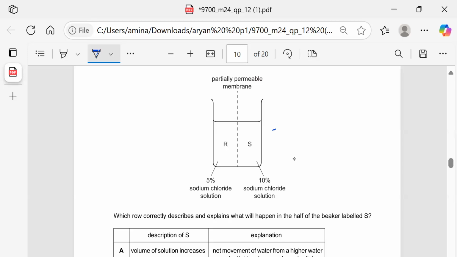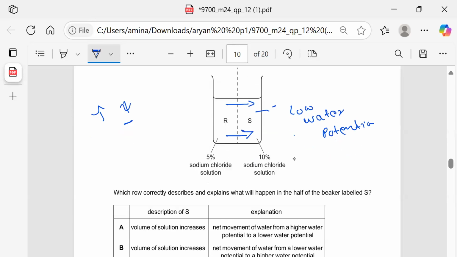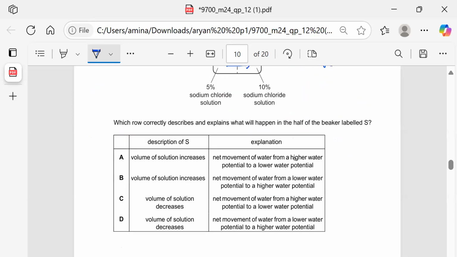So I can deduce that it has a low water potential, and this one has a high water potential. Okay, this is a sign of water potential. As it has a low water potential, it is very obvious that the water is going to move in this direction.